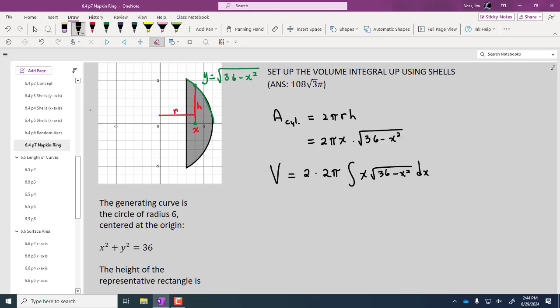What do our limits of integration go from? So almost 4. So 5 is right here. This thing is of radius 6, so 6 is there, but this is 3. And we had a thing of radius 6, and we took out a thing of radius 3, so we're going to go from 3 over to 6.